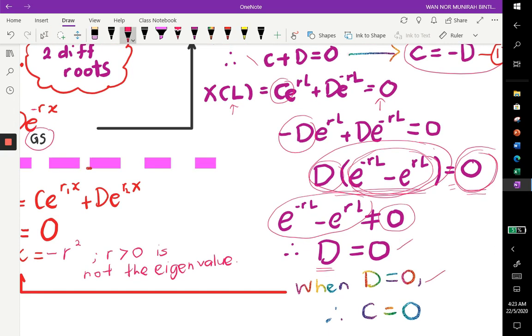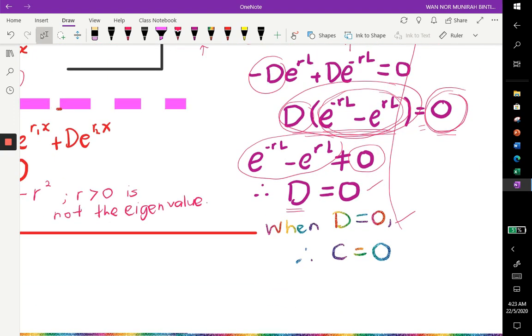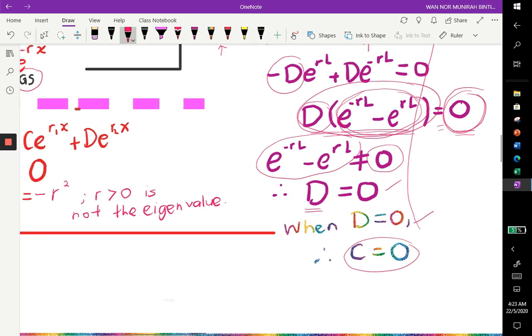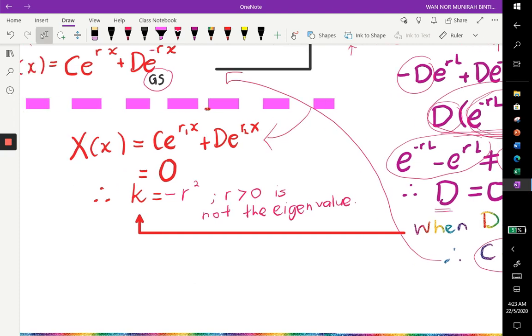When D equals 0, I substitute back into my equation 1 just now, so C also goes to 0. C is 0 and D is 0, and I substitute back into my general solution, so x equals 0.